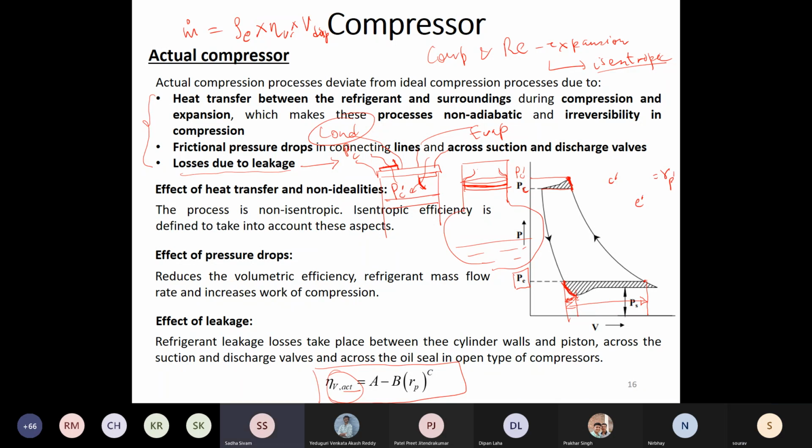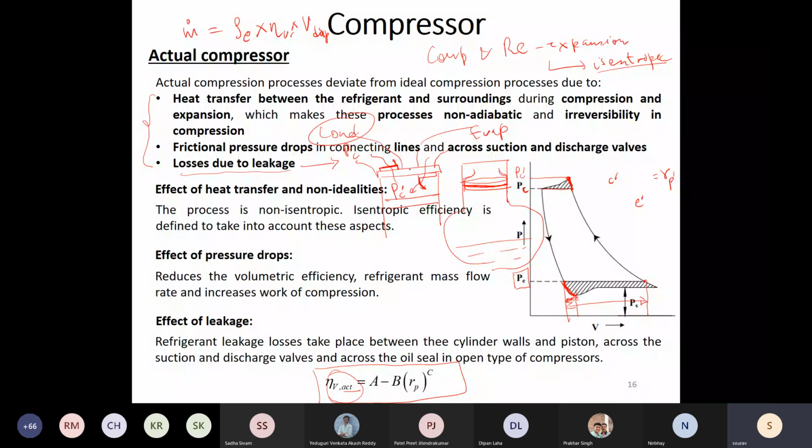Yes, sir. One of the most common failures of any compressor is the failure of this valve. It could be that the suction valve remains open, or the discharge valve remains open, it doesn't close completely. That is a very common failure. So you will see that your compressor will not deliver any mass flow rate.